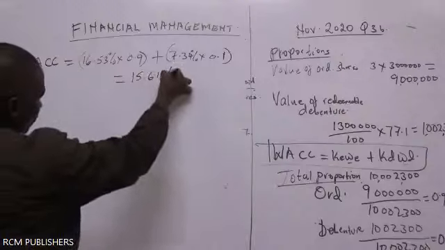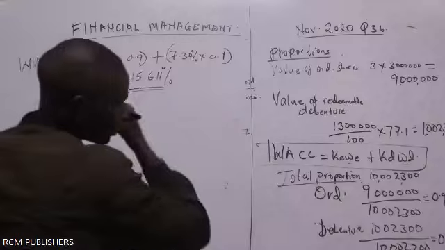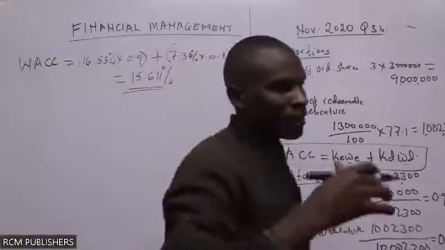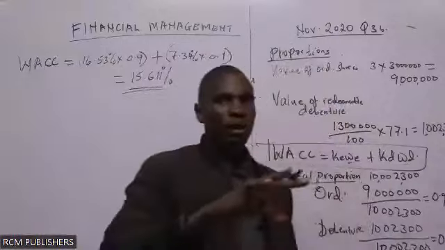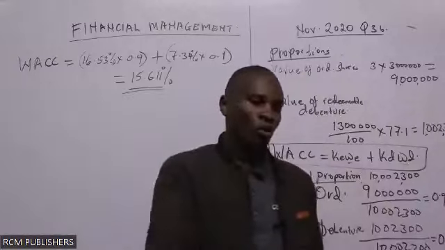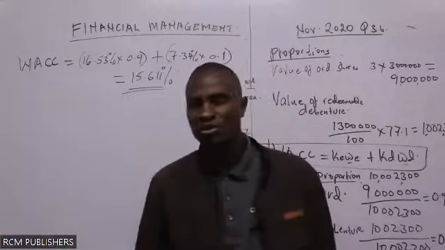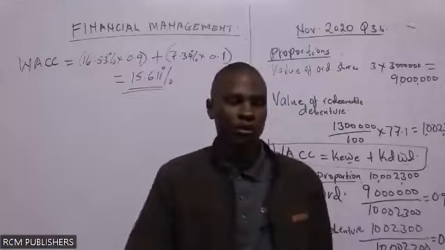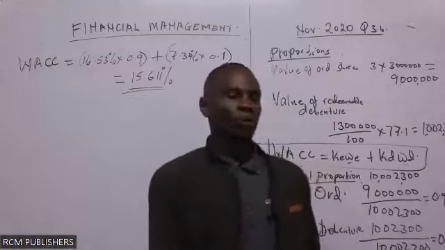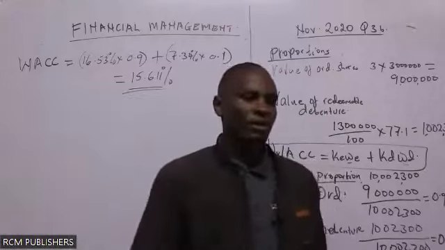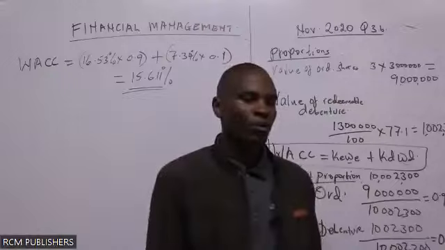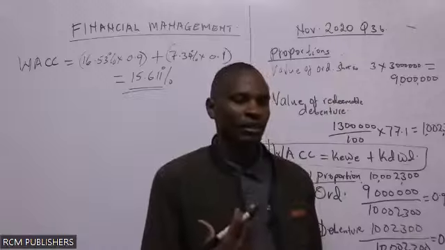So I saw someone got 14 point something. That means your procedure above has a small mistake somewhere. You see, now I hope that everyone is now able to tackle such a question once it arises.